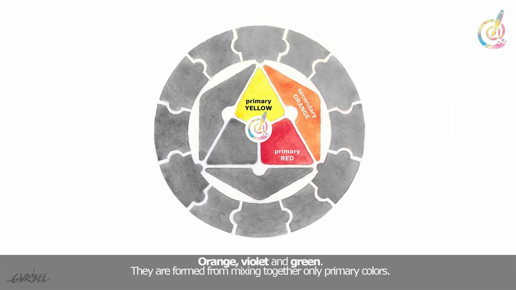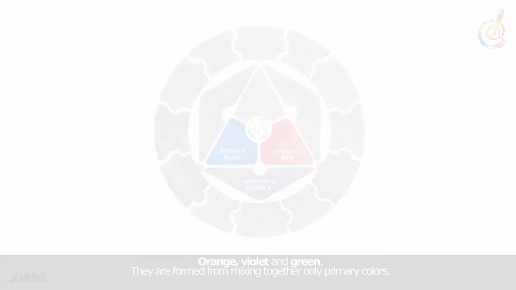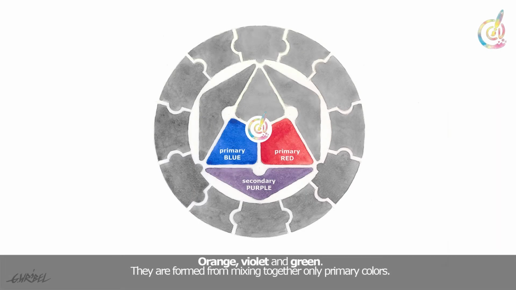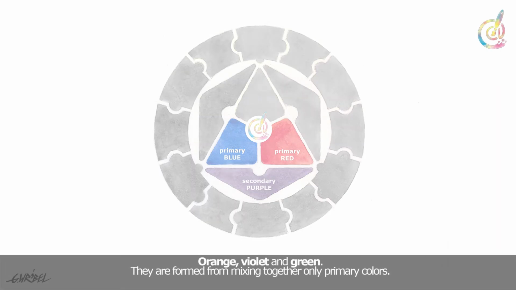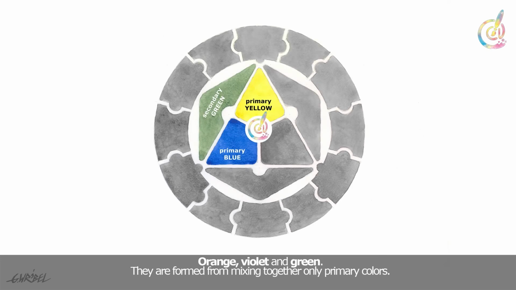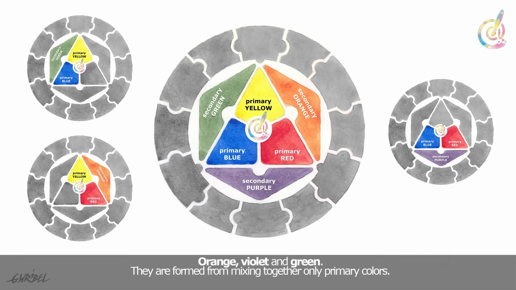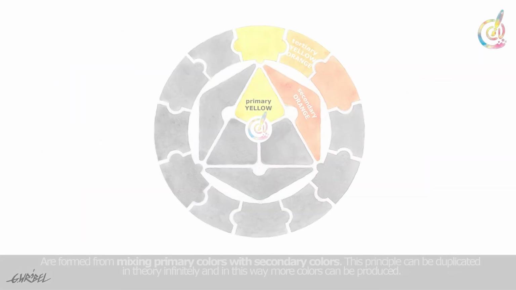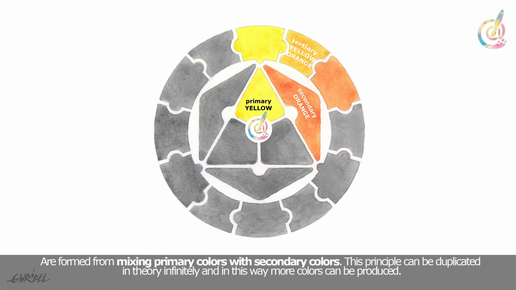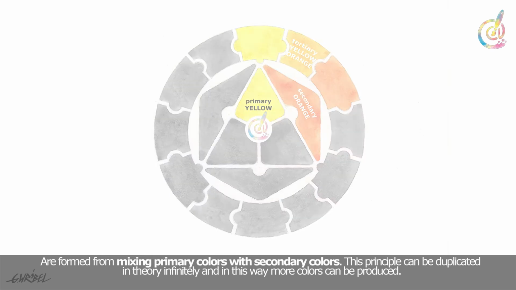Orange, violet and green. They are formed from mixing together only primary colors. Are formed from mixing primary colors with secondary colors.